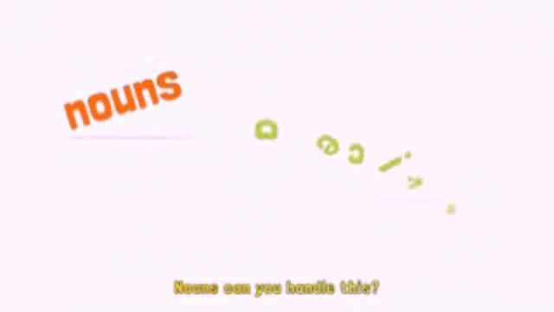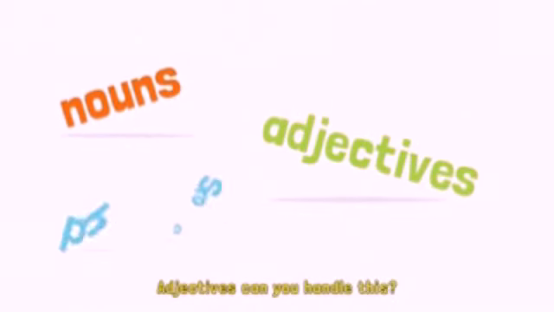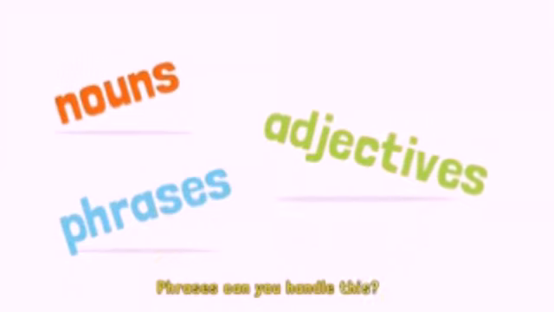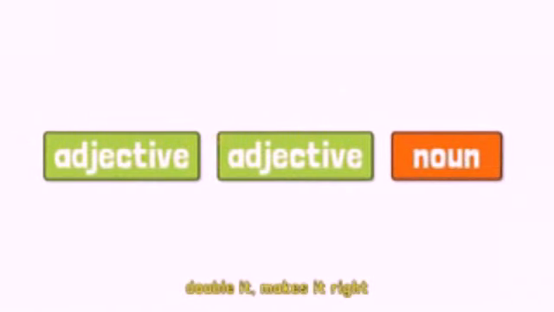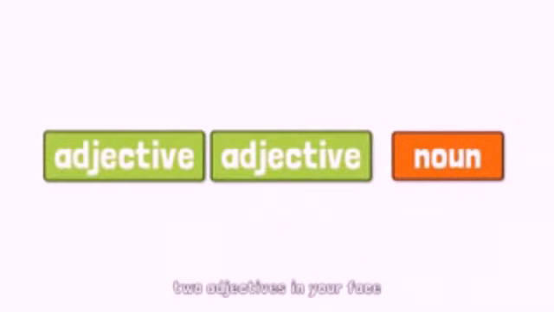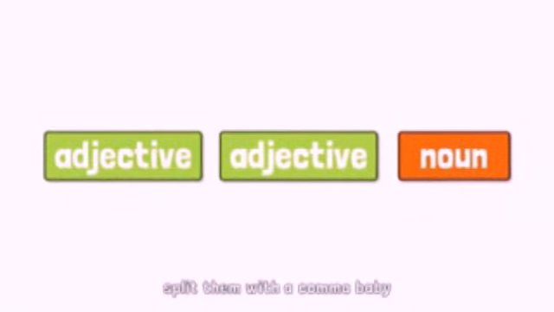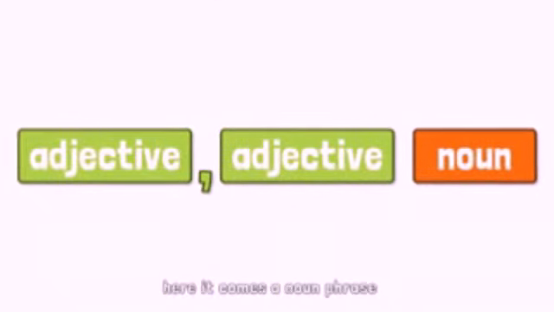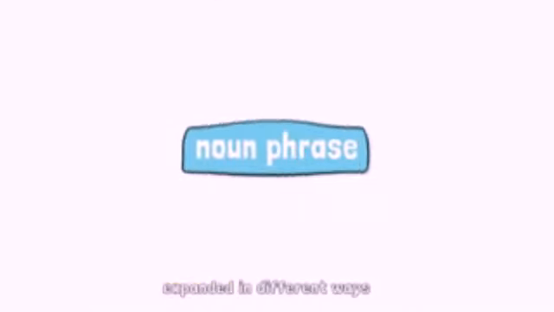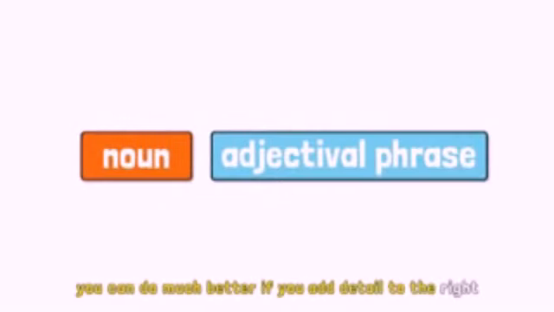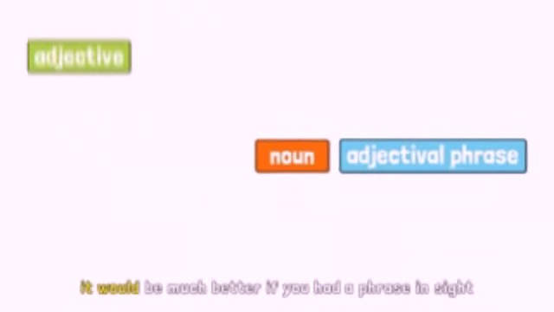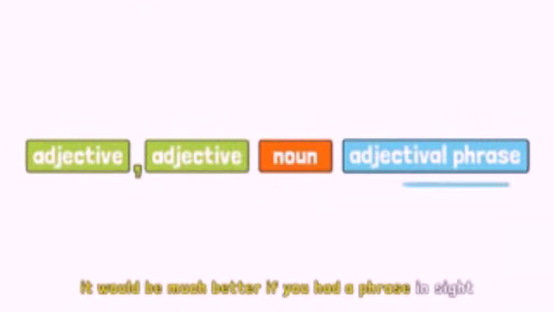Nouns, can you handle this? Adjectives, can you handle this? Phrases, can you handle this? I don't think they can handle this. Choose a noun to describe, an adjective on the side. Double it, makes it right. Two adjectives on the side. Two adjectives in your face. Split it with a comma, baby. Here it comes, a noun phrase. Spend it in different ways. You could do much better if you add detail to the right. It would be much better if you had a phrase inside.